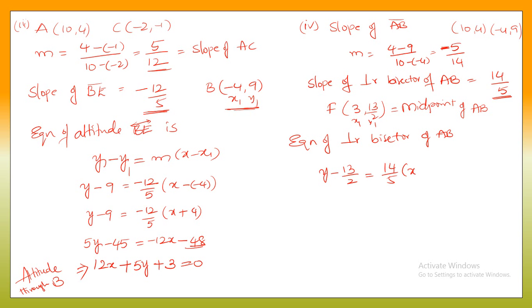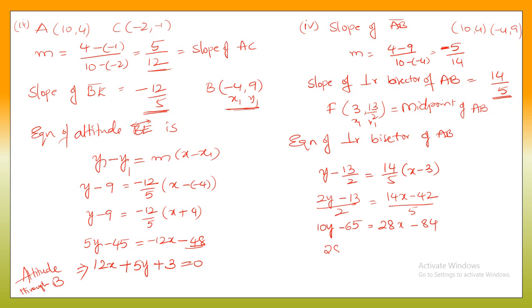On simplification, 2y minus 13 by 2 is equal to 14x minus 14 3s are 42 divided by 5. On cross multiplication, 5 2s are 10y minus 5 13s 65 is equal to 2 14s are 28x minus 2 42s 84.